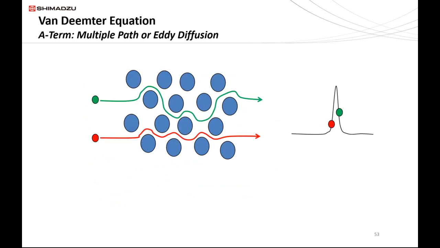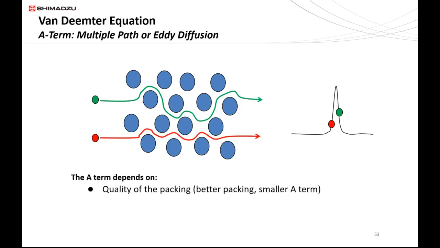The A term describes the path taken by the analytes when passing through the column. This depends on the quality of the column packing. The more evenly the column is packed, the smaller the A term will be. It also depends on the particle size.